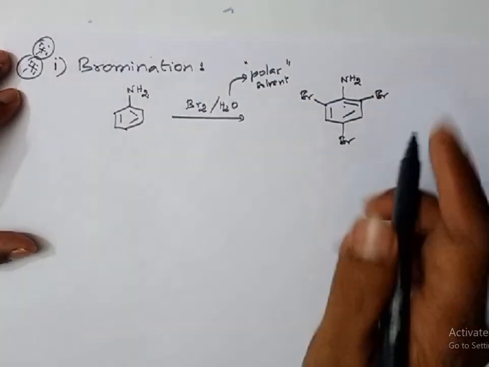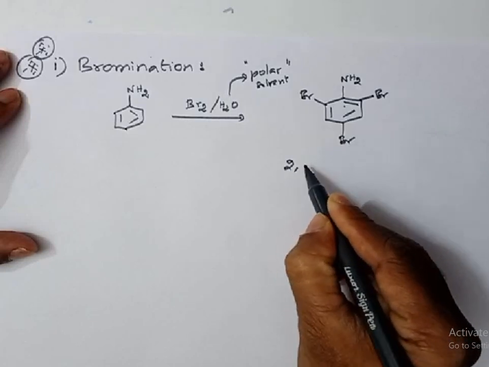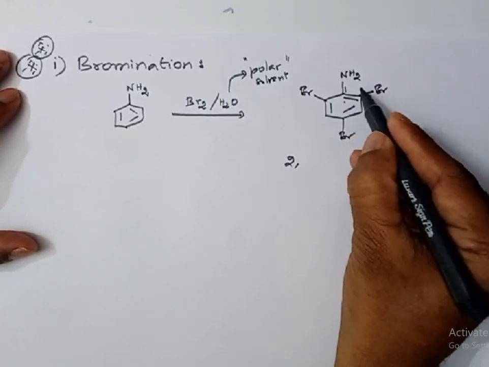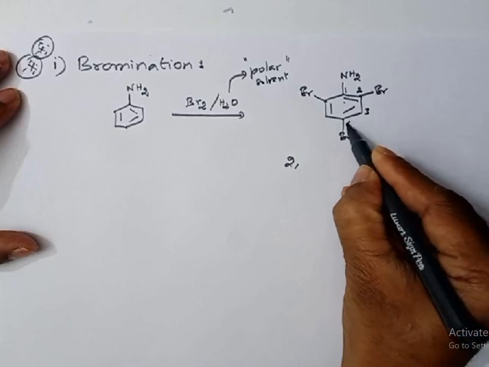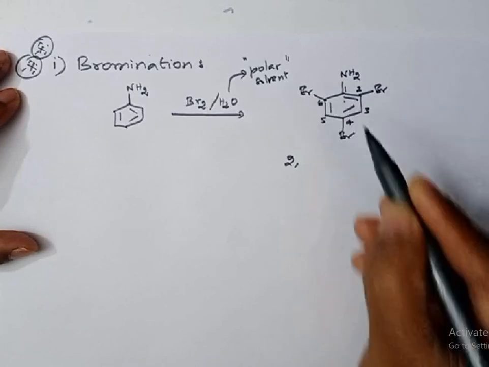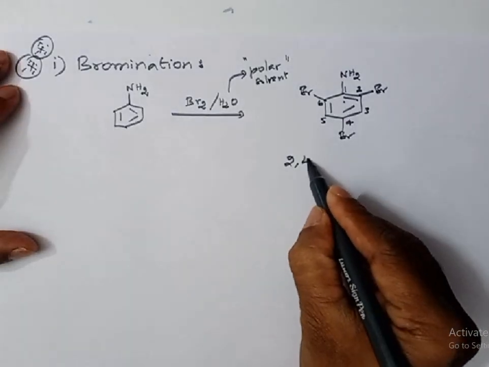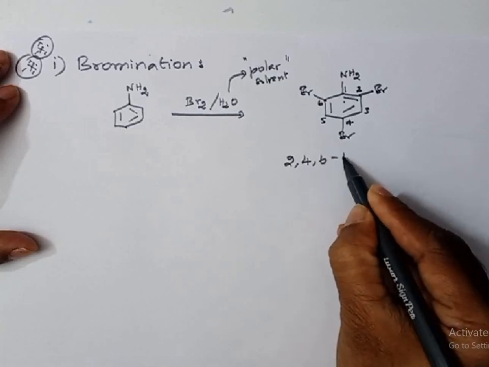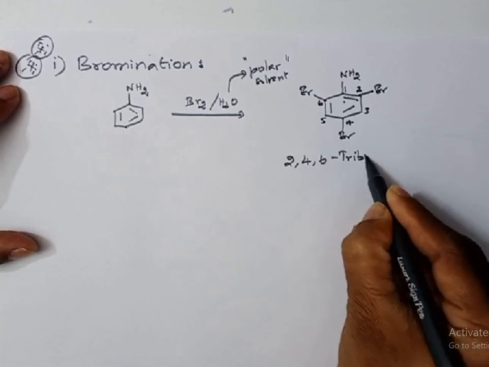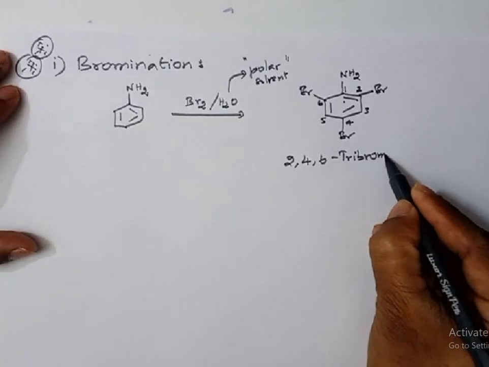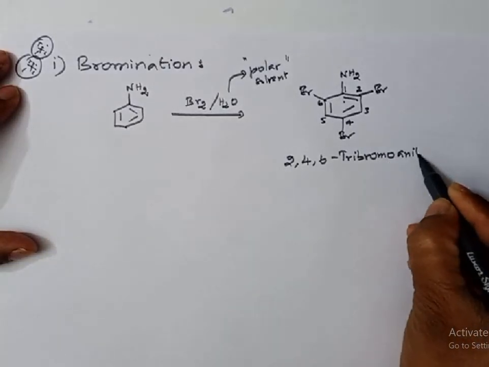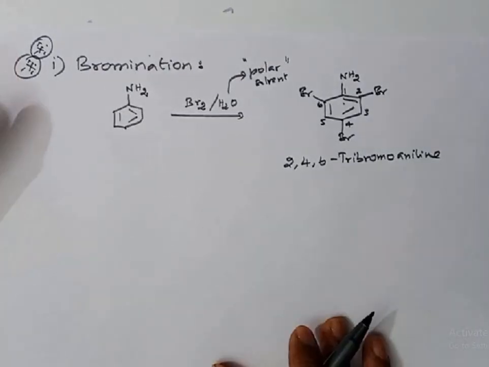What is this compound called? This is position number 1, this is 2, 3, 4, 5, 6. So we get 2,4,6-tribromoaniline.